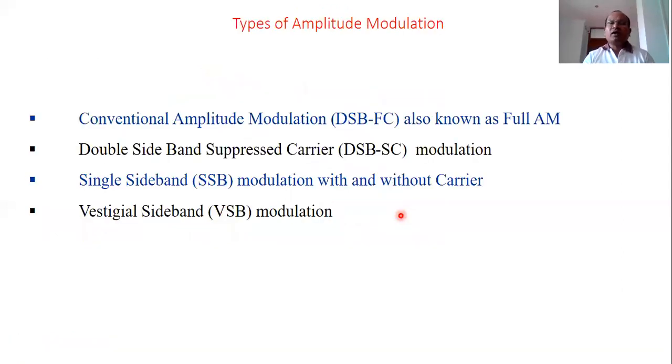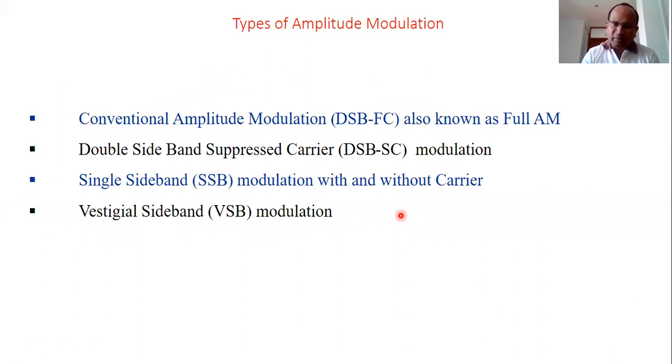When we discussed that there are side bands available in amplitude modulation, what are those side bands? Upper side band and lower side band, and there is a carrier. So when we talk about a complete amplitude modulated wave, it has three components. One, carrier signal. Second, upper side band.